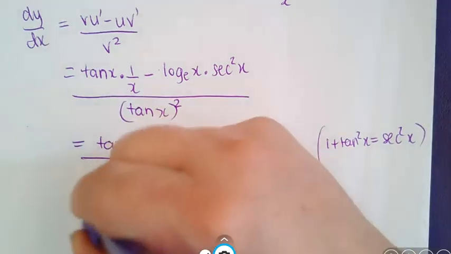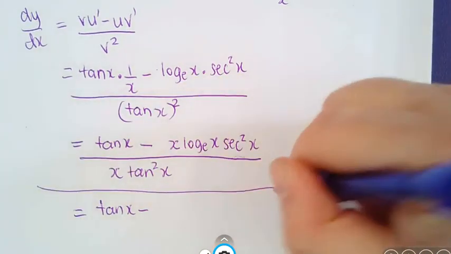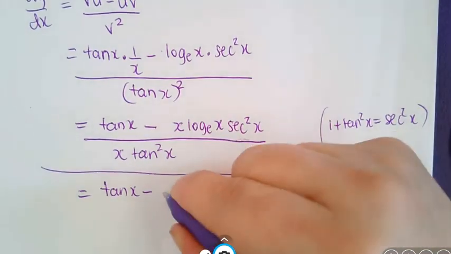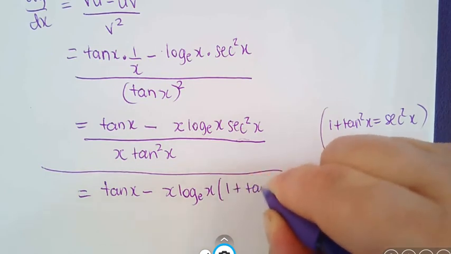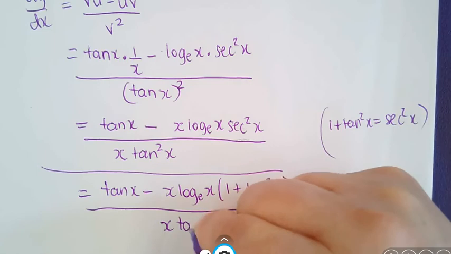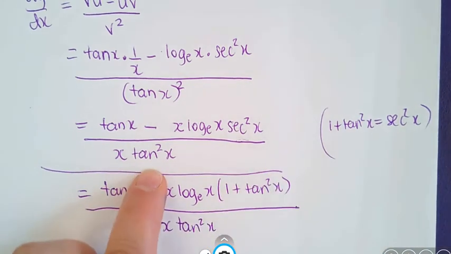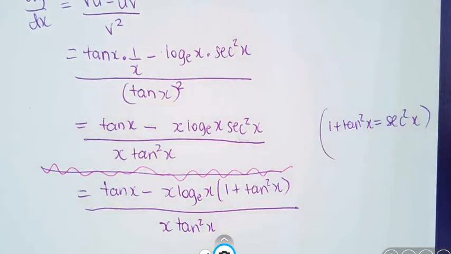So let's say I decided to try it. I'll just show you why. So we're stopping there, but let's say we continued. We'd have minus x log to the base e of x times 1 plus tan squared x over, this is not a fraction line, this is continued, don't do this, right? I'll just show you what will happen.